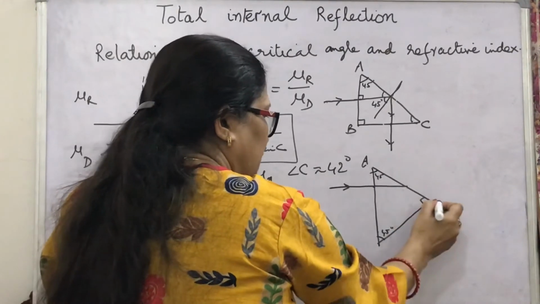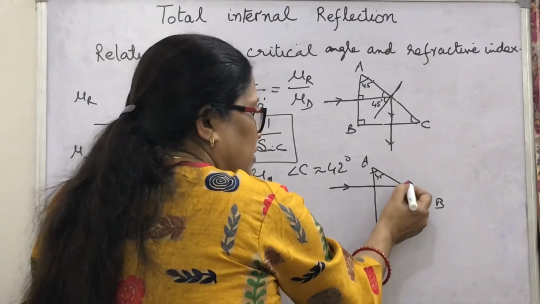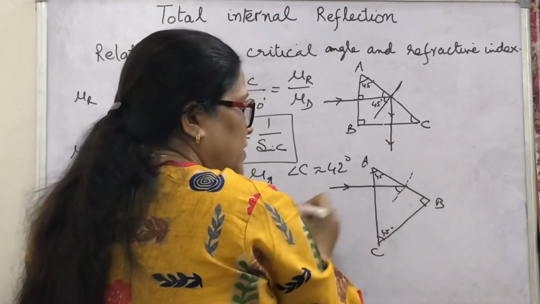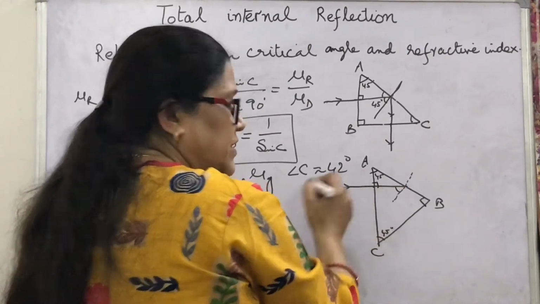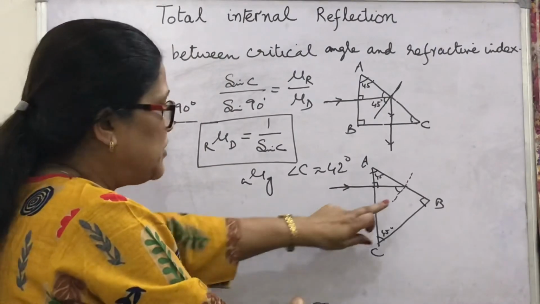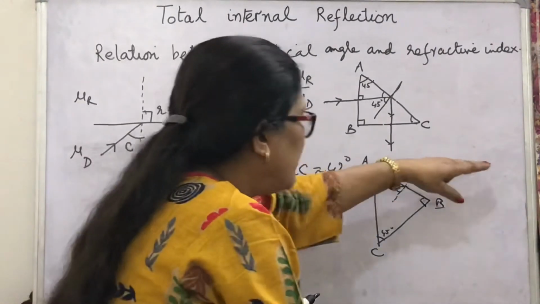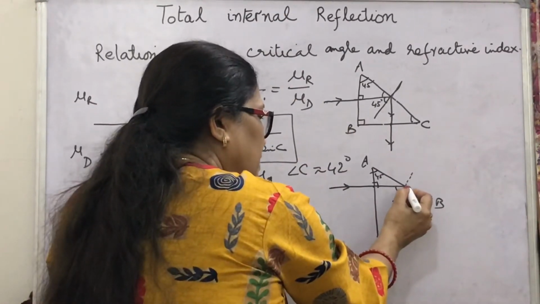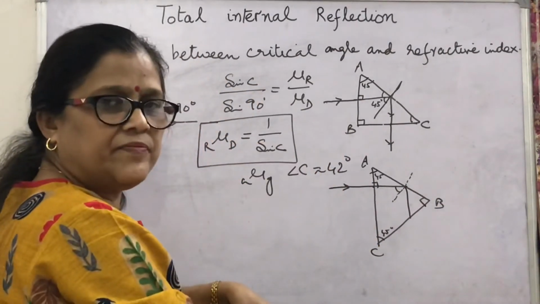Suppose this is A, B and C. At this point again you will find the angle of incidence is 45 degrees. This is 90, this is 45, this is 45, so the angle is 45, which is more than the critical angle for the air-glass interface. So it will not go beyond AB. It will be reflected obeying the rules of reflection and come to the surface BC.